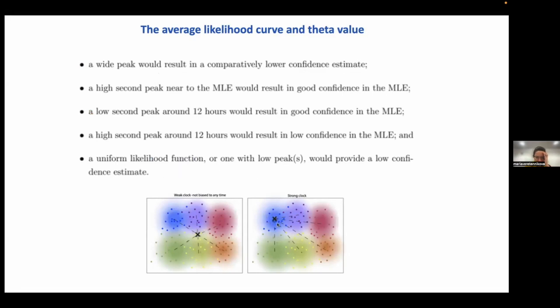So for example, this would be an example of a very strong clock. You would be quite confident that this data point belongs to the blue distribution. And here you would be very uncertain. I think this looks like a uniform likelihood function on the average.